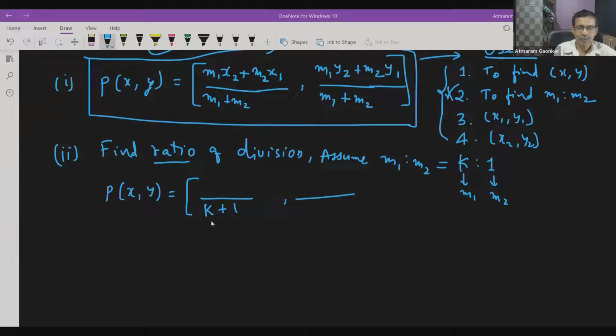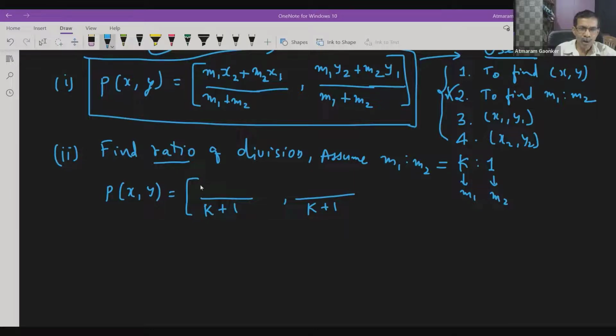Yes or no? Instead of m1, I have put k. Instead of m2, I have put 1, because I have assumed the ratio as k is to 1. And similarly, here also, instead of m1 plus m2, I will write k plus 1. In the numerator, wherever there is m1, I will put k, and wherever there is m2, I will put 1.